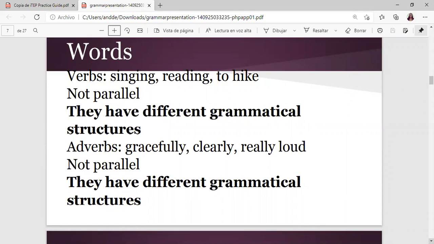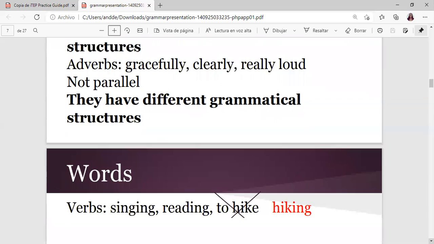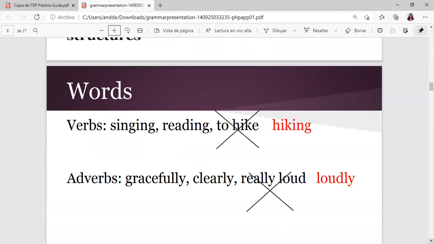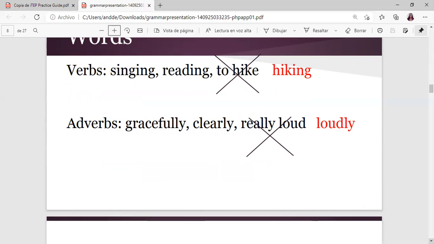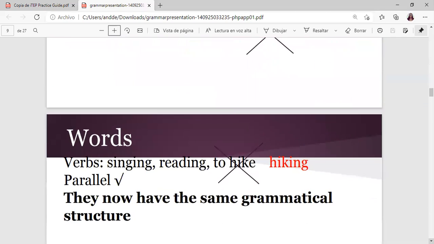Again, gracefully, clearly, and really loud are not parallel because they have different grammar structures. Now, the verbs would all be in -ing form: singing, reading, hiking, and the adverbs would be gracefully, clearly, and loudly. Now, questions up to here?